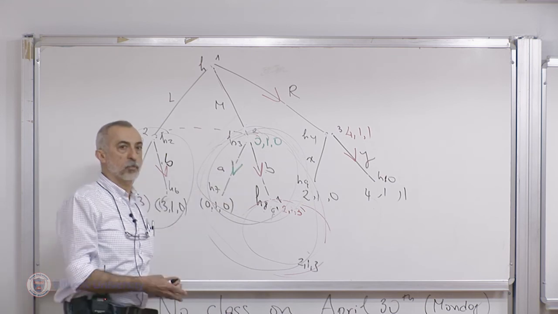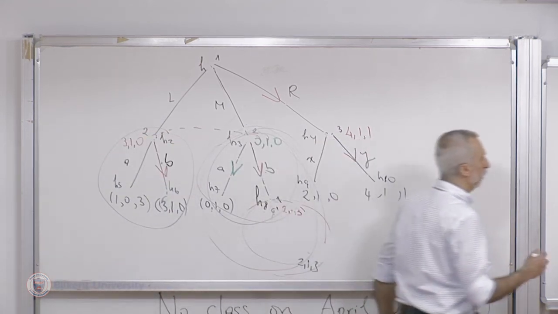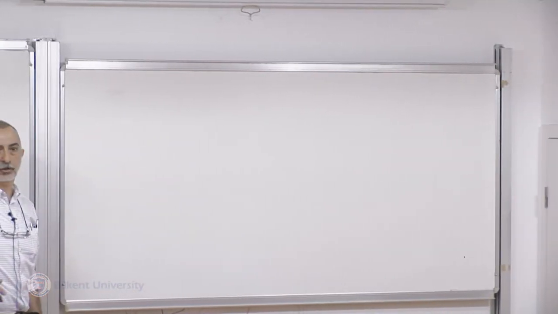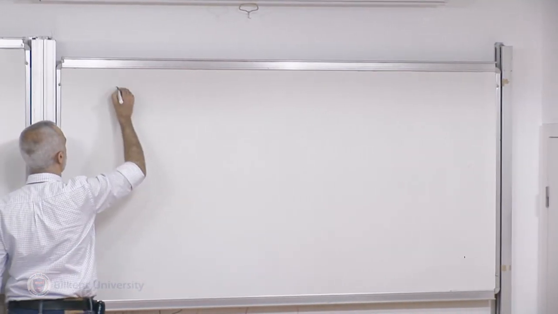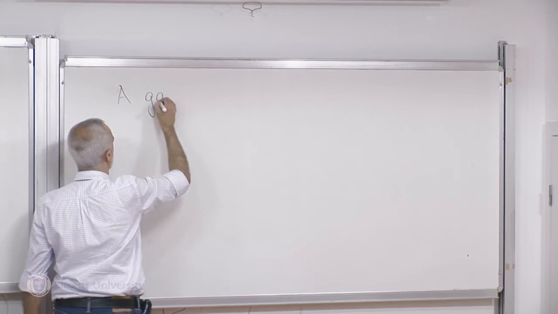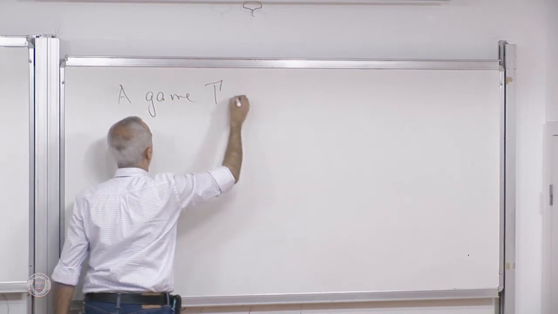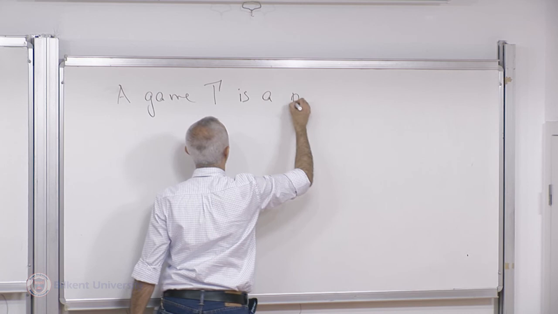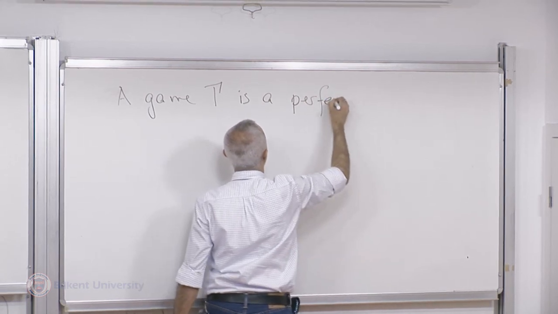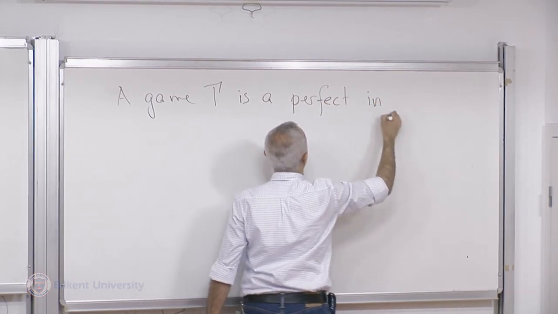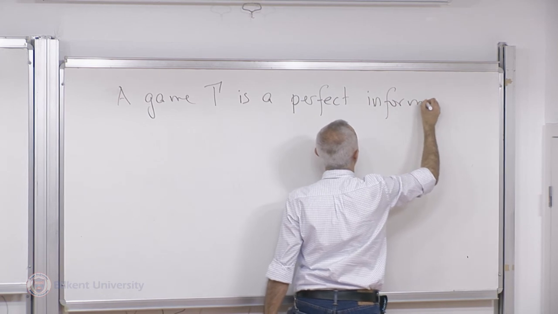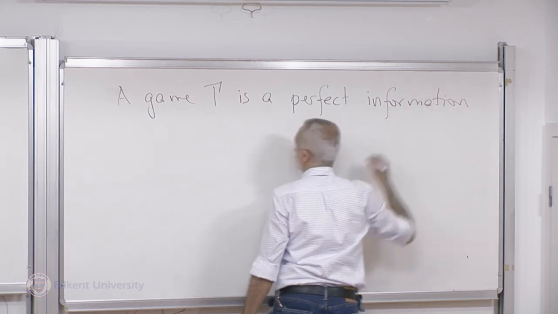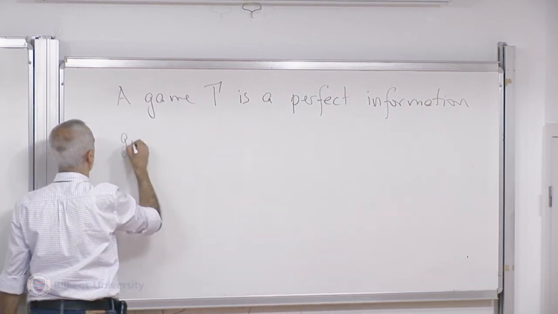Okay? Those are special types of game. We give a name to them. They are called perfect information games. Okay? So a game gamma is a perfect information game.